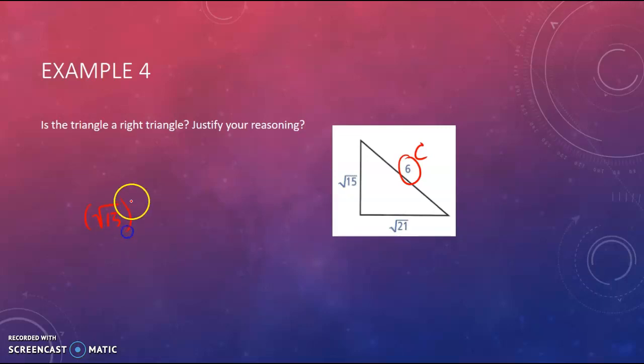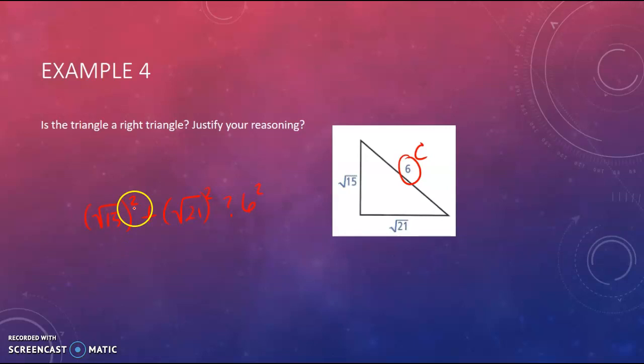So the square root of 15 squared plus the square root of 21 squared. And when you square a square root, that's the inverse operation. So this math is easier if we do it without the decimals anyway. We don't know if it's equal. We want to find out, is it equal to 6 squared?